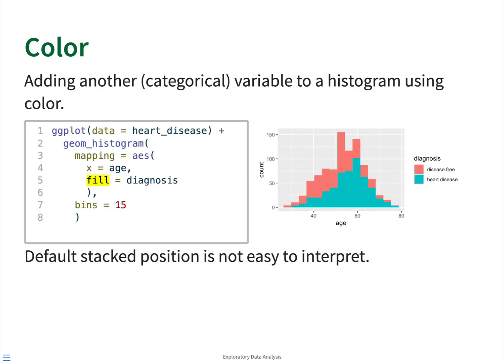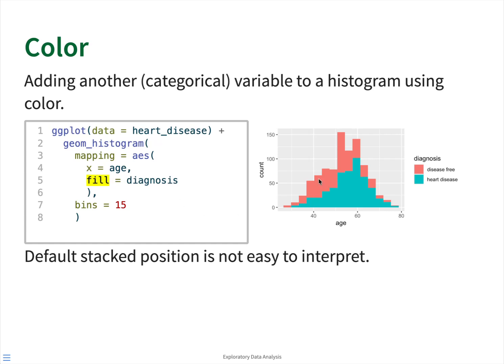For example, a histogram shows a single continuous variable. We can add a second variable, a categorical variable, to that graph by adding color. In this case, we've mapped the categorical diagnosis column to the fill aesthetic.